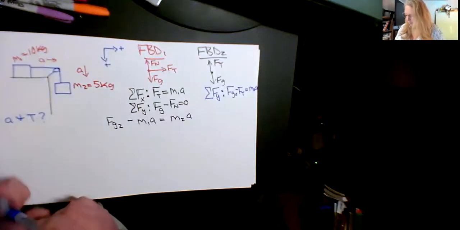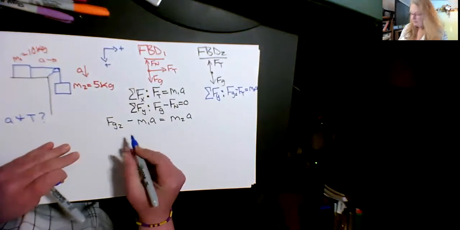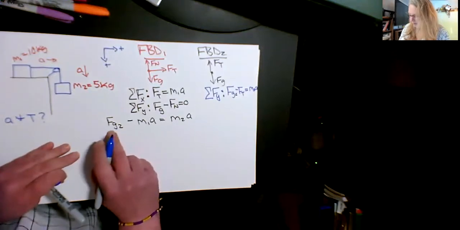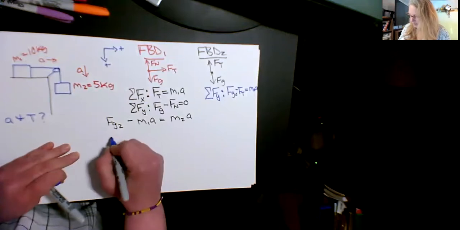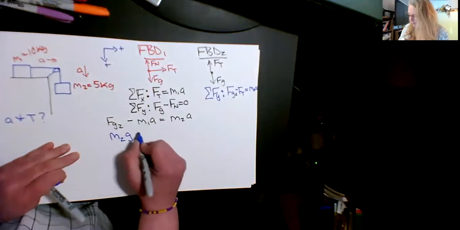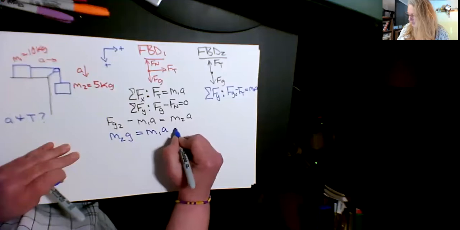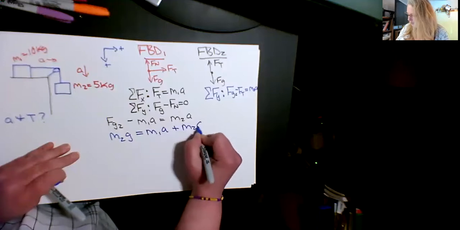Huh. I'm kind of feeling like this looks very similar to the last example we had. Let's write this one out, why don't we, as mass 2 times gravity equals, moving this to the other side, mass 1 times acceleration plus mass 2 times acceleration.